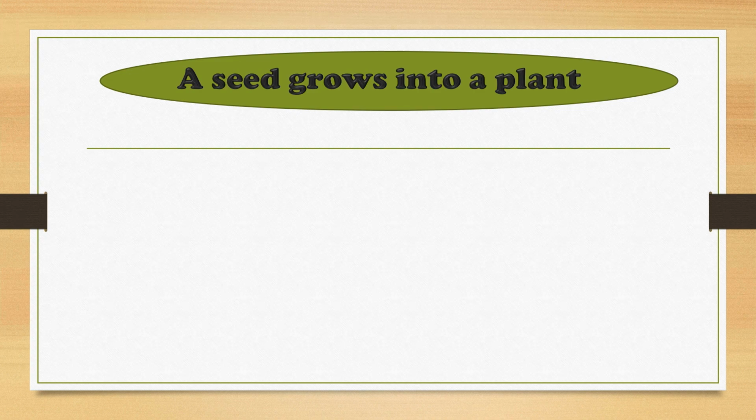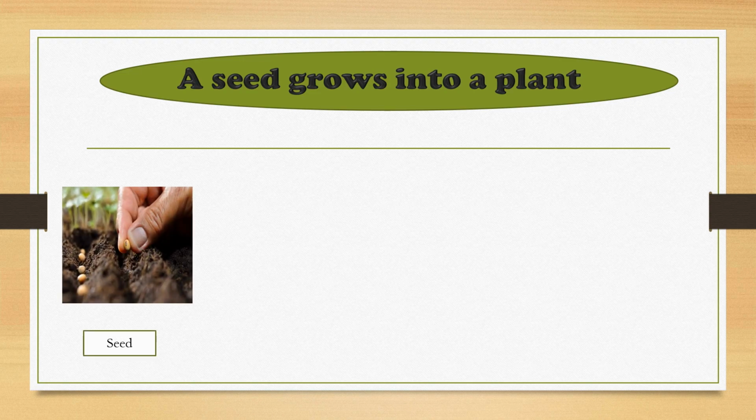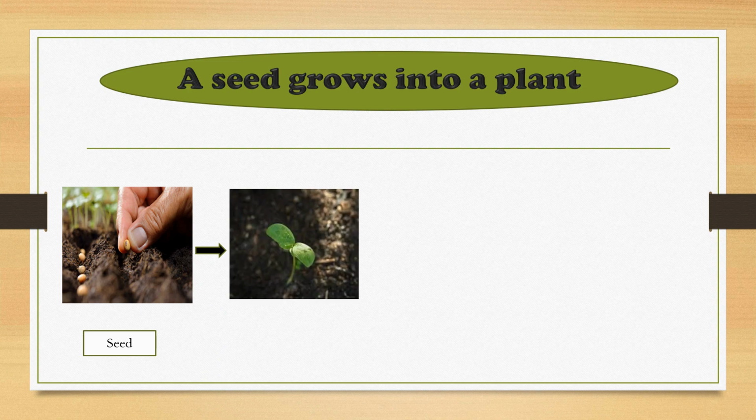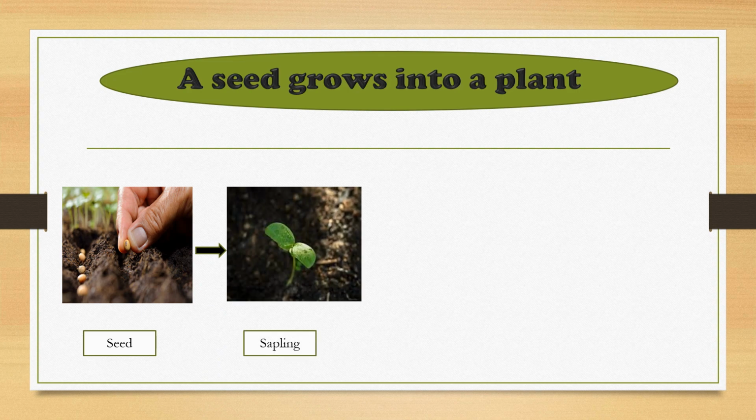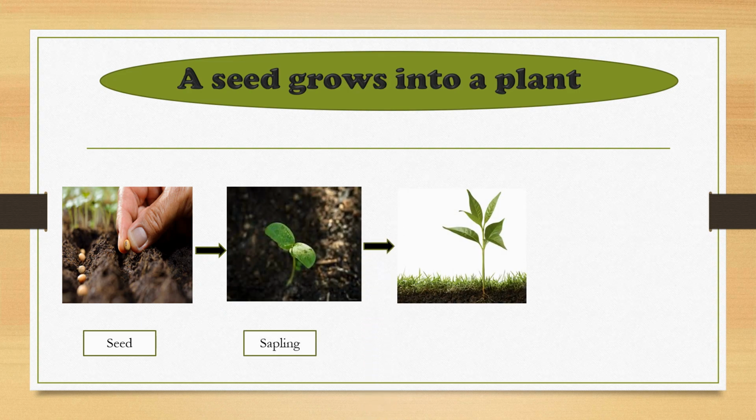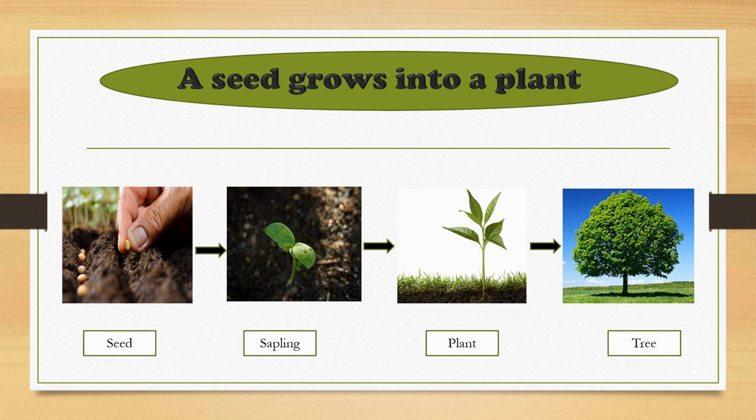One more example is of a plant, like a seed grows into a plant. When you sow a seed, it germinates. You can see a sapling. The next stage is plant and the plant grows into a tree. Now let me make this one thing clear to you, that all plants do not grow into a tree.